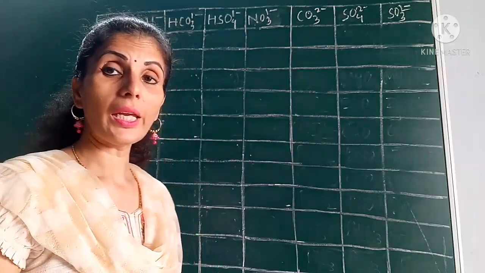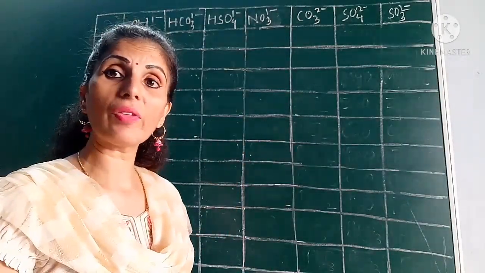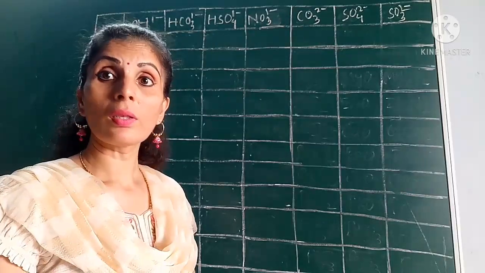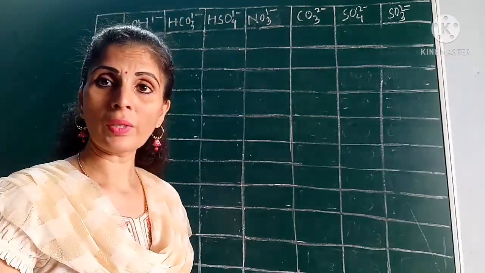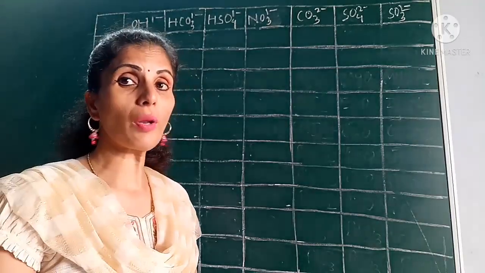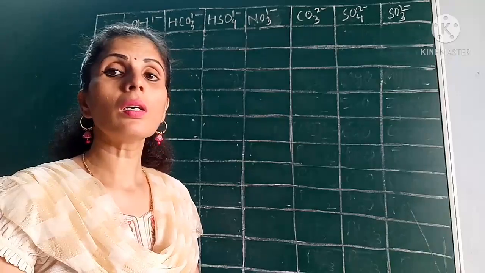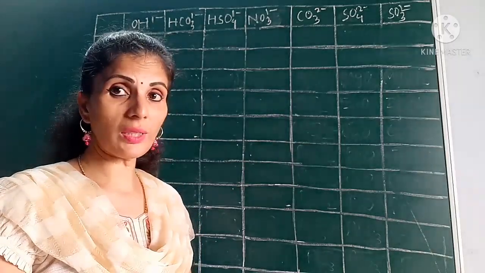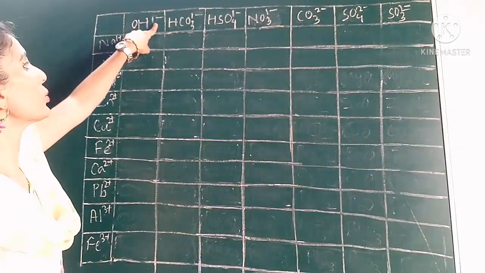The only thing is that you have to remember the formulas of the radicals and their valencies. No option is there. If you know the formulas of the radicals and their valencies, then easily you can make the compounds.